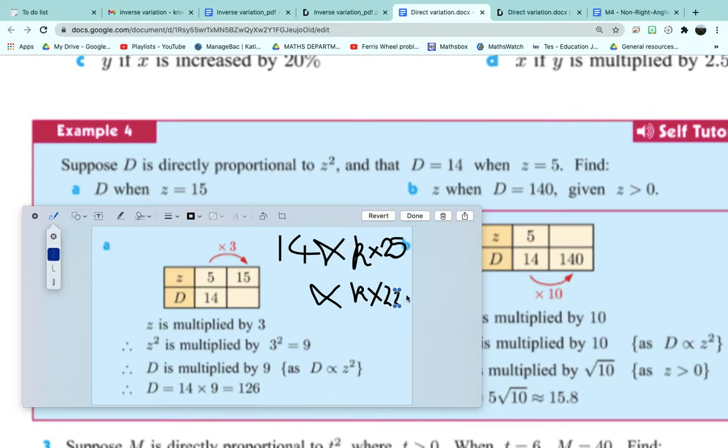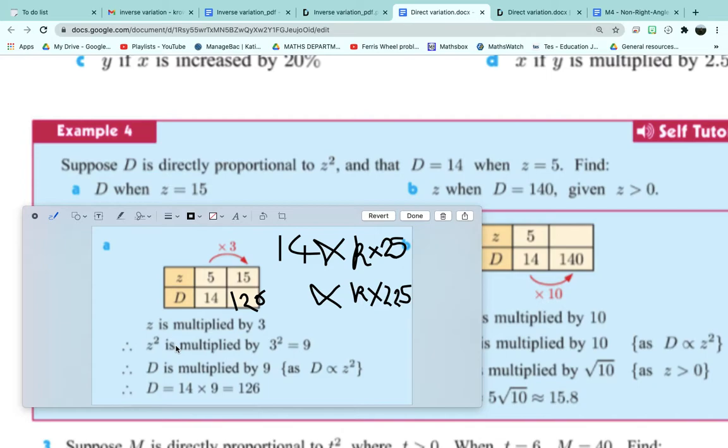Now, because k stays the same in both of these lines of working out, we can use what's left over to work out how to get from 14 to our missing number. The way I would do it is I'd say, how many 25s go into 225? Well, that is 9. So to get from 14 to the missing number, because we are keeping constant ratios, we do 14 times 9, which is why we get the answer of 126. That is the way I would logically think of it.